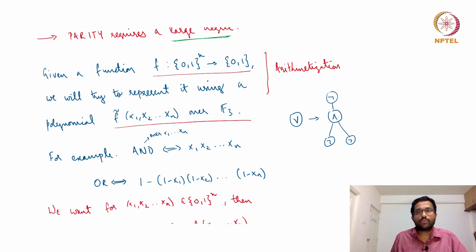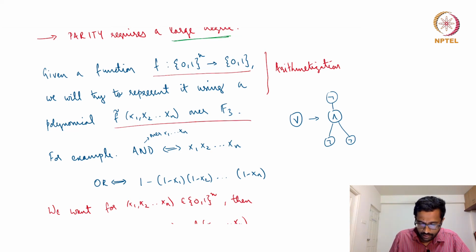When at least one of the inputs is 1, let's say x1 is 1, then 1 minus x1 becomes 0. So this entire product becomes 0, and 1 minus 0 is again 1. So even if at least one of the input bits is 1, the output is 1, which is what we want in the case of OR.